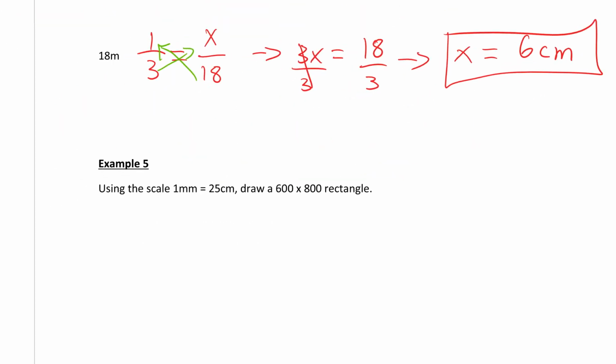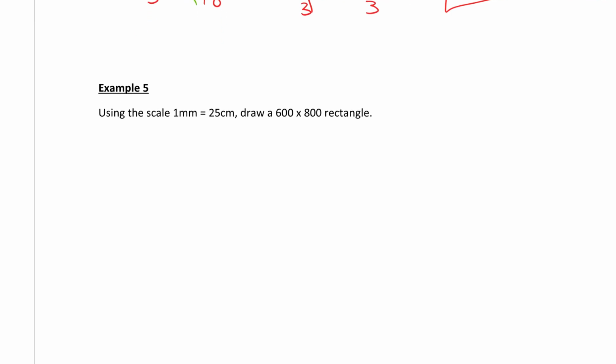Now we got our last example for the day, which is example 5. Using the scale of 1 millimeter equals 25 centimeters, draw a 600 by 800 rectangle. So we want to figure out what those measurements are going to be when we're using a scale of 1 millimeter equals 25 centimeters.